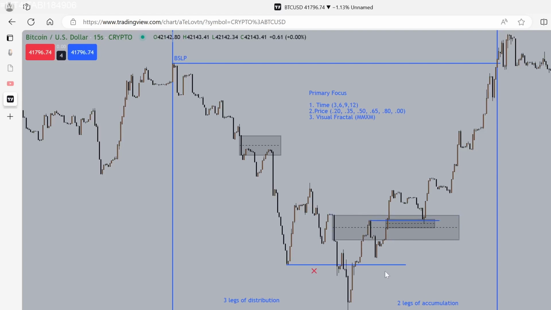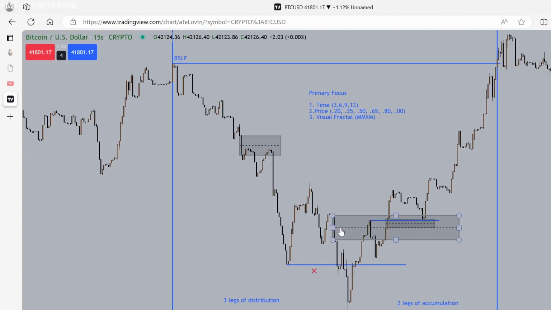So price comes down, at what price level? 42,153. It's not perfect. The 50's down here at the lower end and at consequent encroachment of this balanced price range.